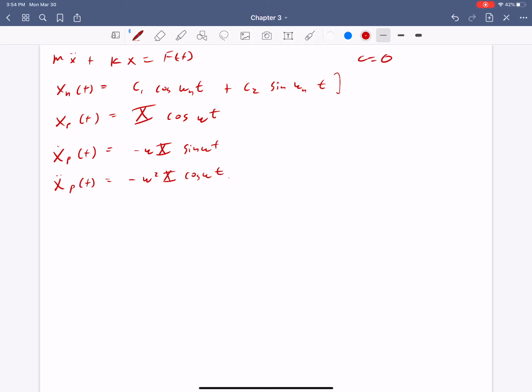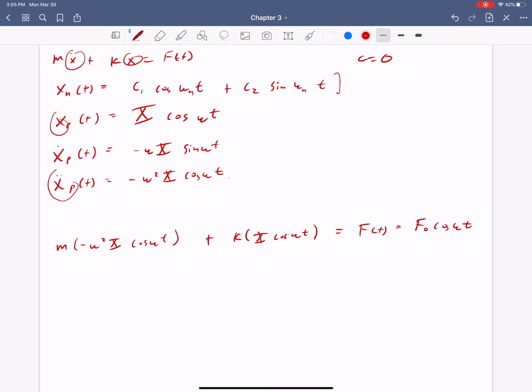Now, if we plug these into the equation, we end up with negative m times negative omega squared X cosine omega t plus k times X cosine omega t is equal to f of t, which we had conveniently set equal to F0 cosine omega t.